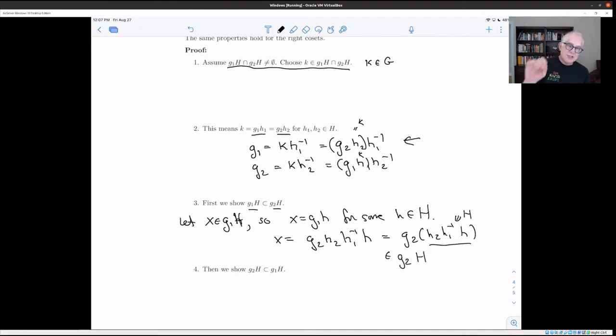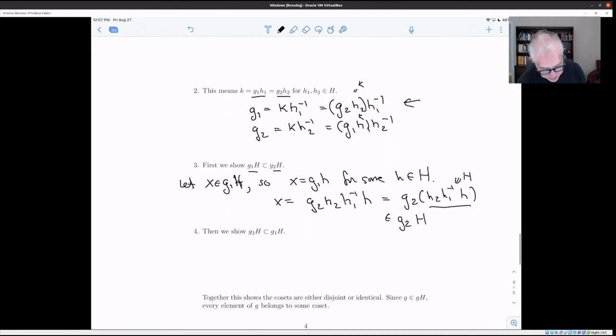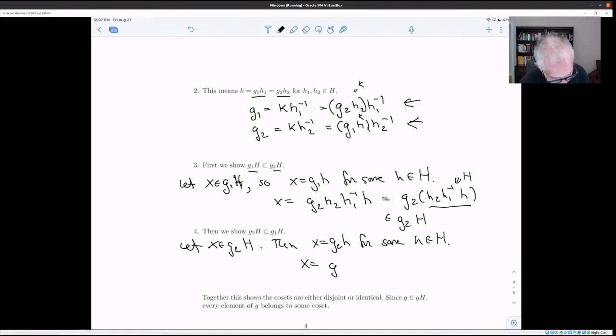And if x is of the form g2 times an element of H, it belongs to g2H. And now we can go in the other direction. Namely, we can take x in g2H, then x is g2h for some h in H. And now we use this formula, and we write x equals g1 h1 h2 inverse h, which is g1 h1 h2 inverse h.